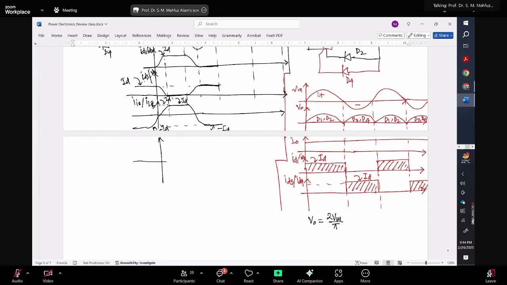Now if I want to draw the output waveform, during this portion, and again during this portion, the waveform is like this.